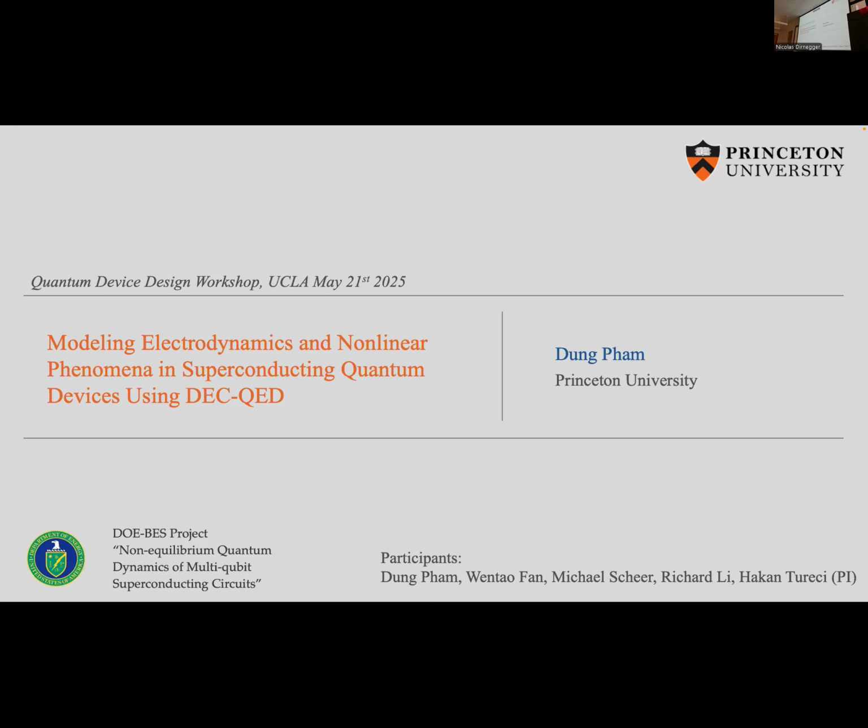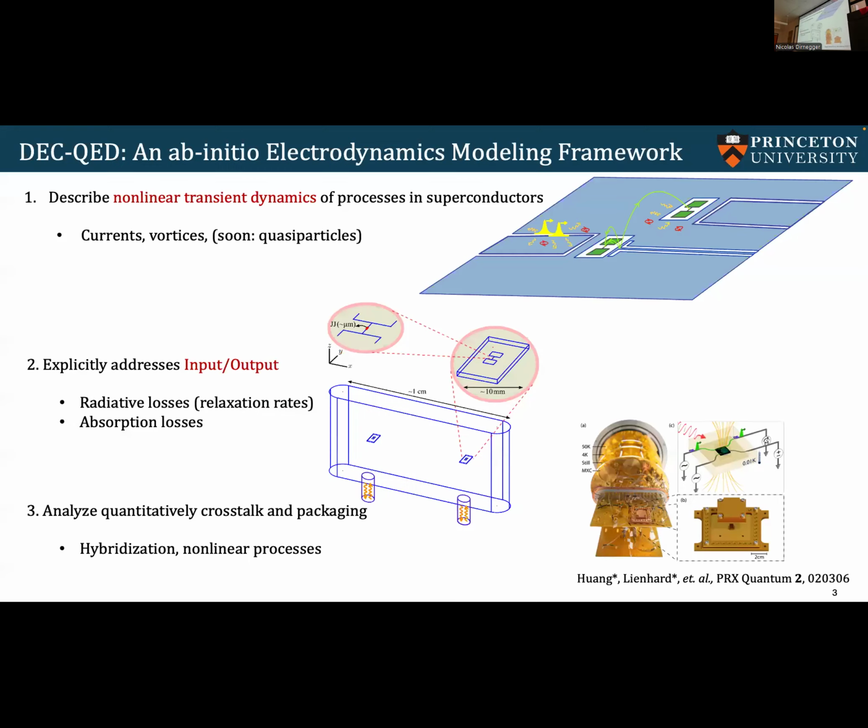I'll be discussing an effort, a general program in a broad sense, for the E&M modeling of superconducting materials with a focus on capturing the nonlinear interaction of the materials with the electromagnetic field. I will then discuss a theoretical and computational framework that we believe could help resolve some of the existing modeling challenges.